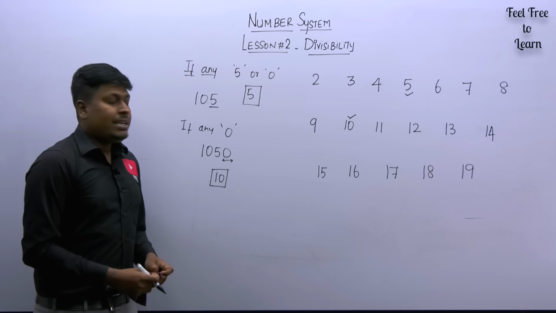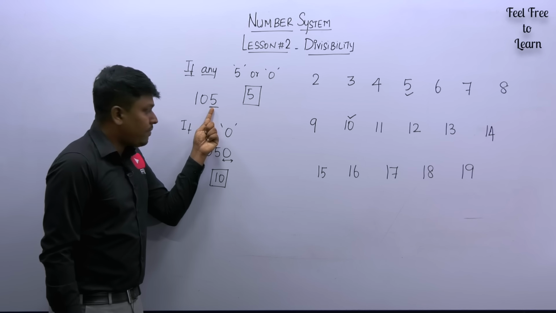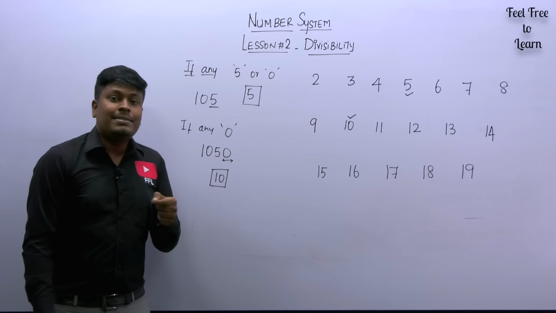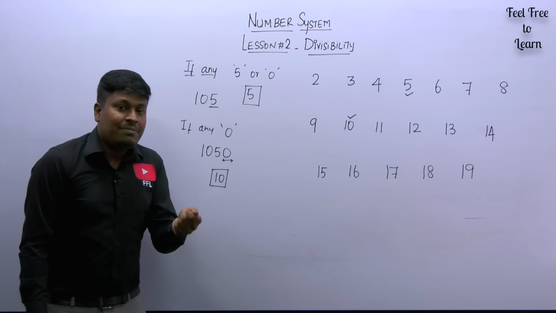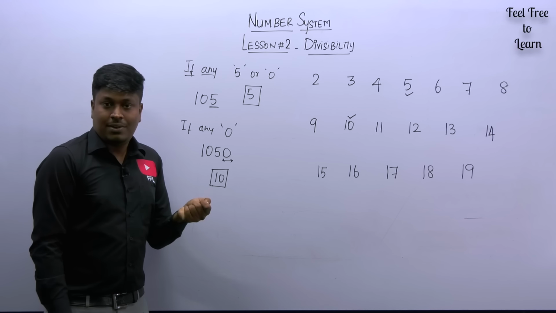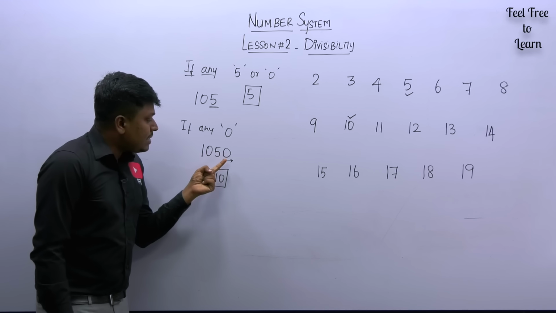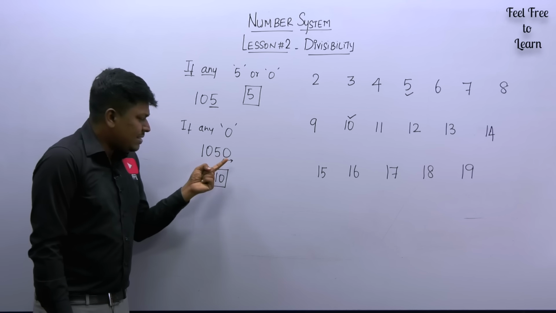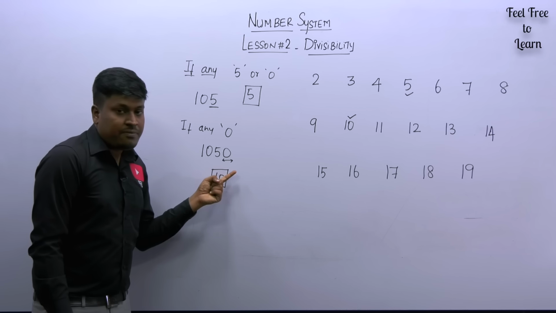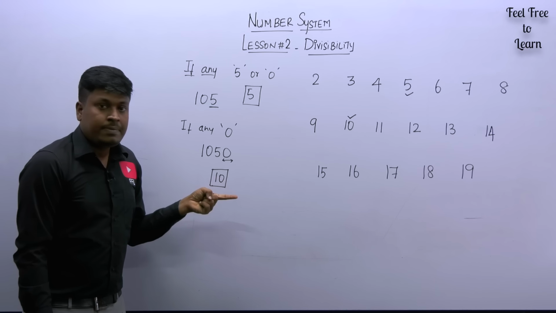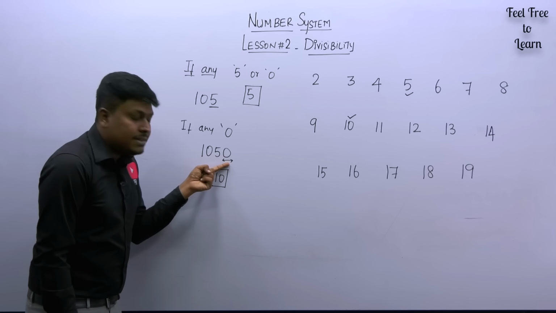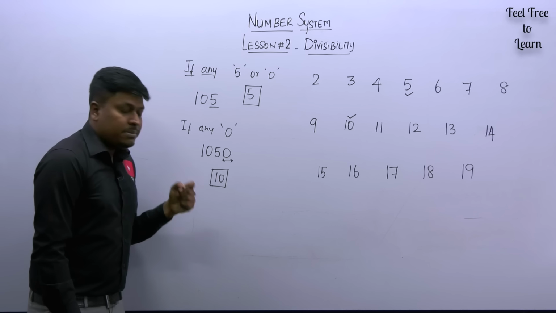If the last digit ends at 5 or 0, those numbers can be divided by 5. If the last digit ends at 0, the number is also divisible by 5, but you can directly divide the complete number by 10. So if the last digit is 0, it is divisible by 10.